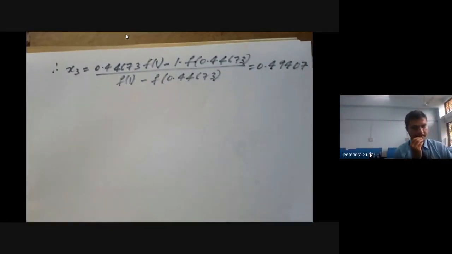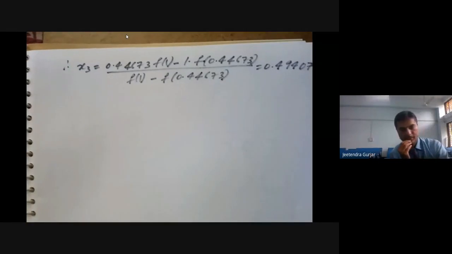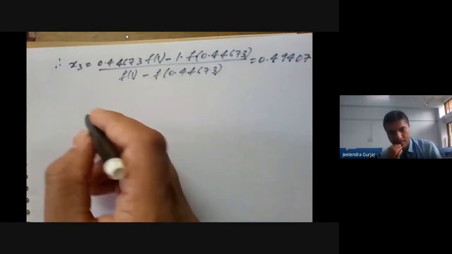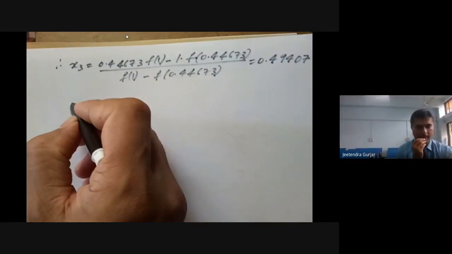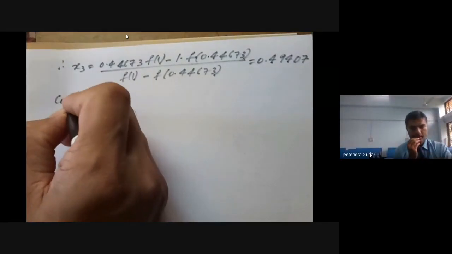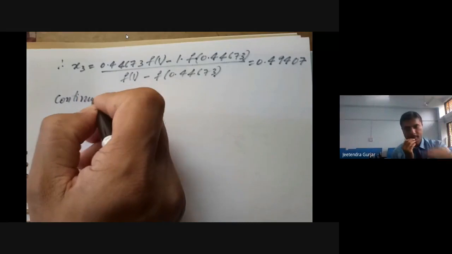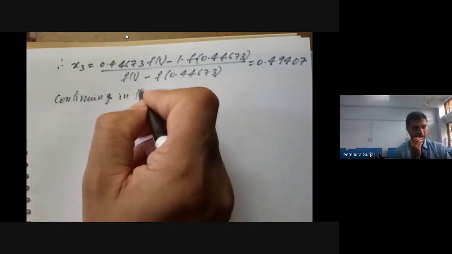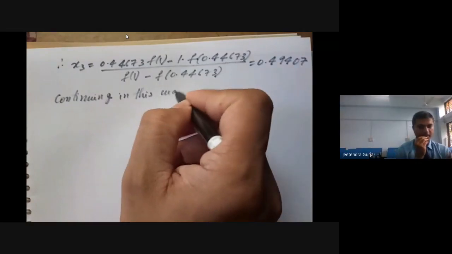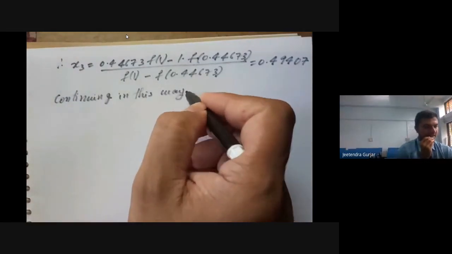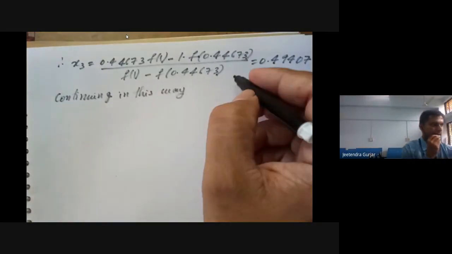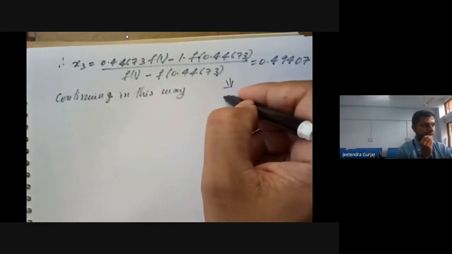Now you see. Remember, if you know A and B, next value will be the approximation. It will reduce to the real value alpha. We are coming to the alpha now. So continuing in this way. Okay, this is a big challenge now. Everyone be ready now. So I'll just mention what was A and B in this.